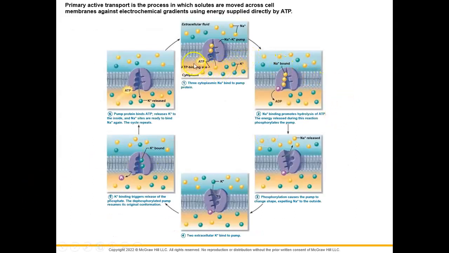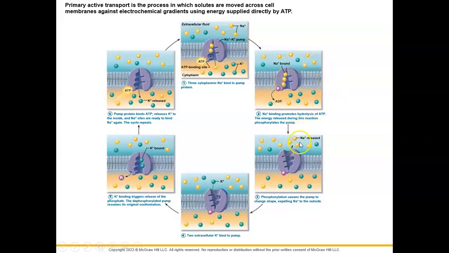This illustration is showing a sodium-potassium pump. There is more sodium outside the cell and less potassium outside the cell. Inside the cell there's more potassium and less sodium. The sodium-potassium pump is going to move 3 sodiums against their gradient from the inside of the cell to the outside of the cell.